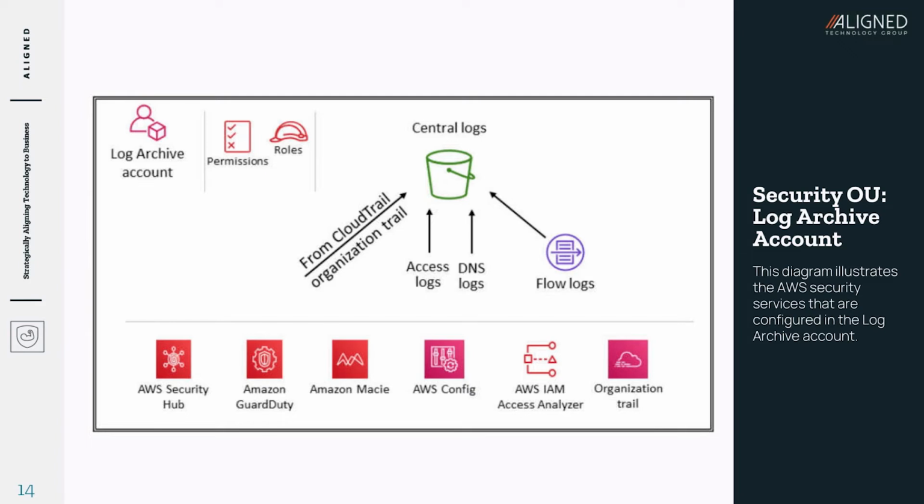S3 is designed to provide 11 nines of durability and 4 nines of availability of an object over a given year. Logs are encrypted to ensure confidentiality using S3 server-side encryption. And then CloudTrail does provide the capability to perform some degree of log file integrity validation to ensure the integrity of your logs.